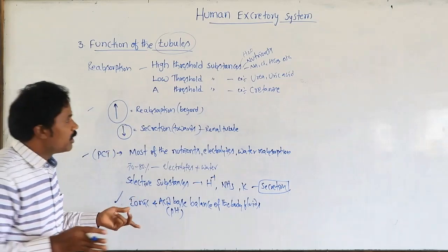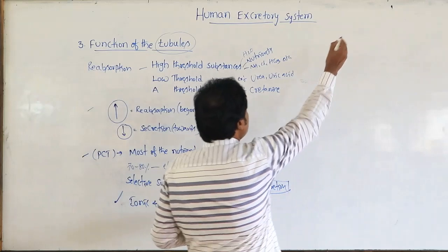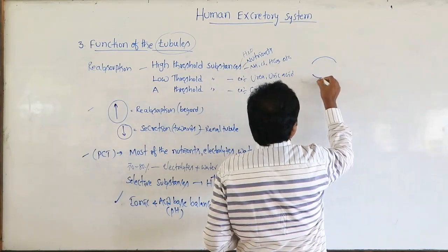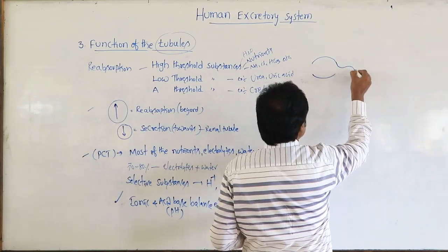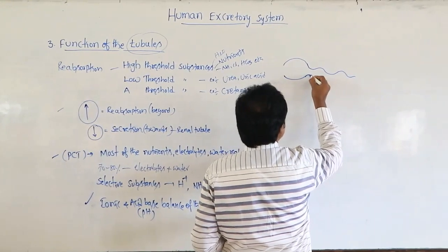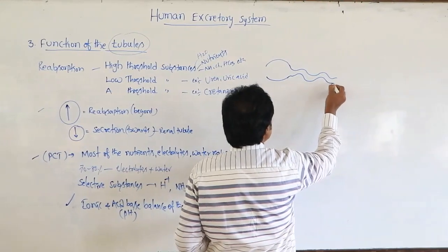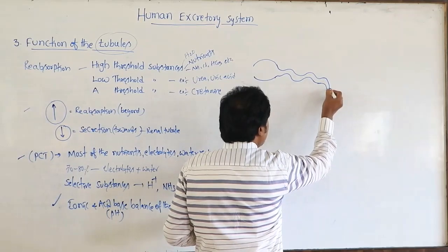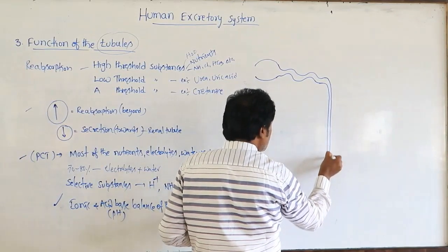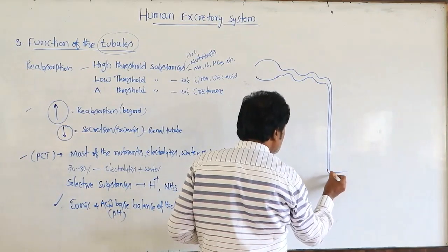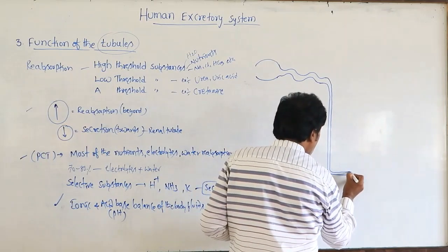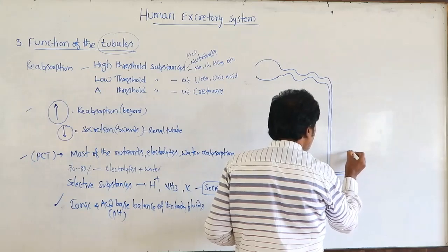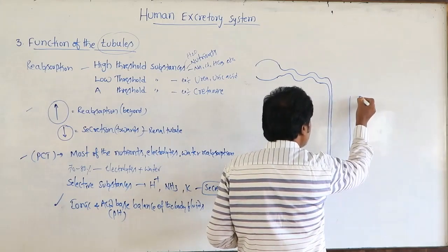Now let us understand this diagrammatically. If you observe, this is the Bowman's capsule. This is the proximal convoluted tubule. This is the loop of Henle. One is the descending limb, and another one is the ascending, the thin ascending, then thick ascending.